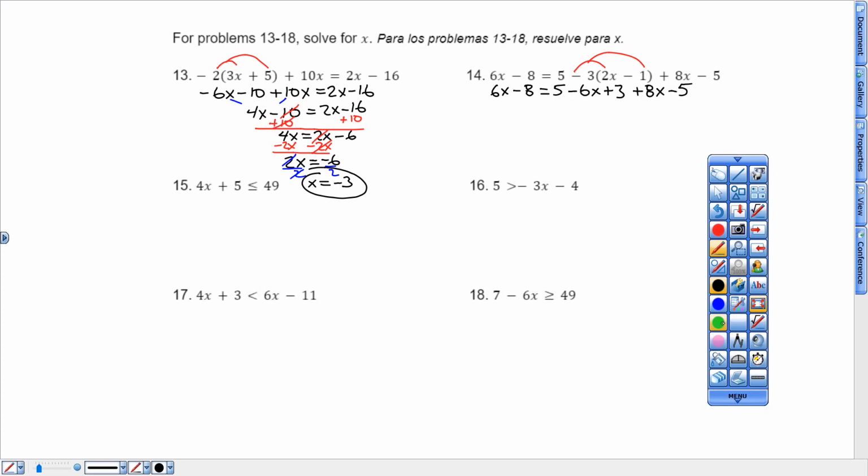Now on that right side, I'm going to combine all my numbers and combine my x terms. That gives me 6x minus 8. 5 plus 3 is 8. 8 minus 5 is 3. -6 plus 8, let's do that first. That gives me 2x. 8 minus 5 gives me +3 when I combine my x's and my numbers.